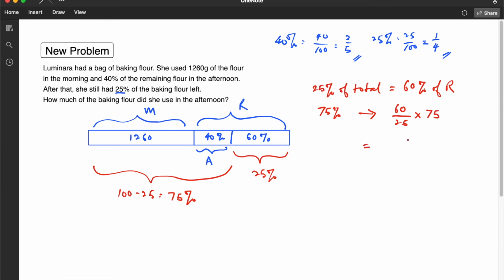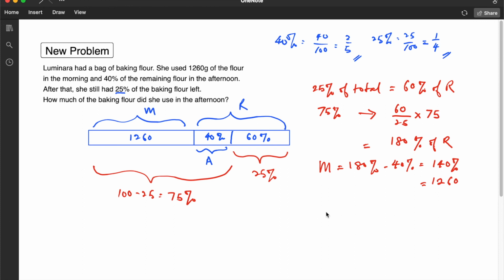This will give us 180% of the remainder. So this 180% has got two parts, the morning part as well as the afternoon part. So the morning part will be equal to 180% minus 40% for the afternoon. This will be equal to 140%, and this is equal to 1260.